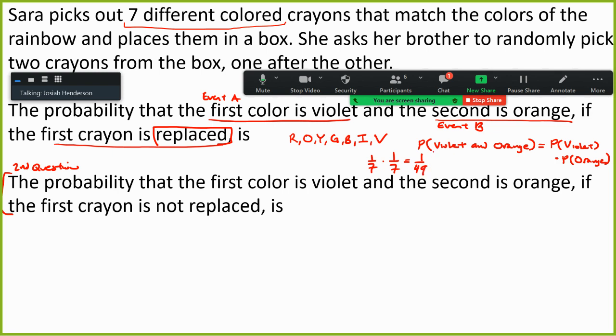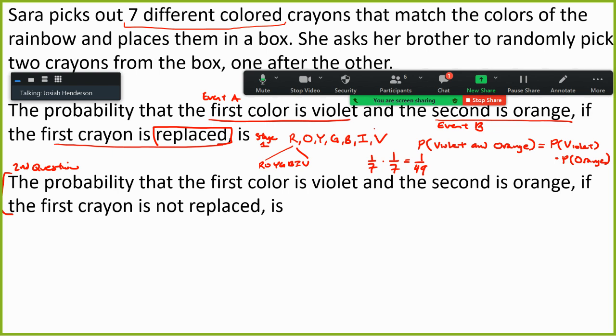If we map this out with a tree diagram, then we'd basically be saying, here's our first stage: red, orange, yellow, green, blue, indigo, violet. And then underneath all that needs to be all 7 again: red, orange, yellow, green, blue, indigo, violet, right? That 7 exists under each one of the original 7.